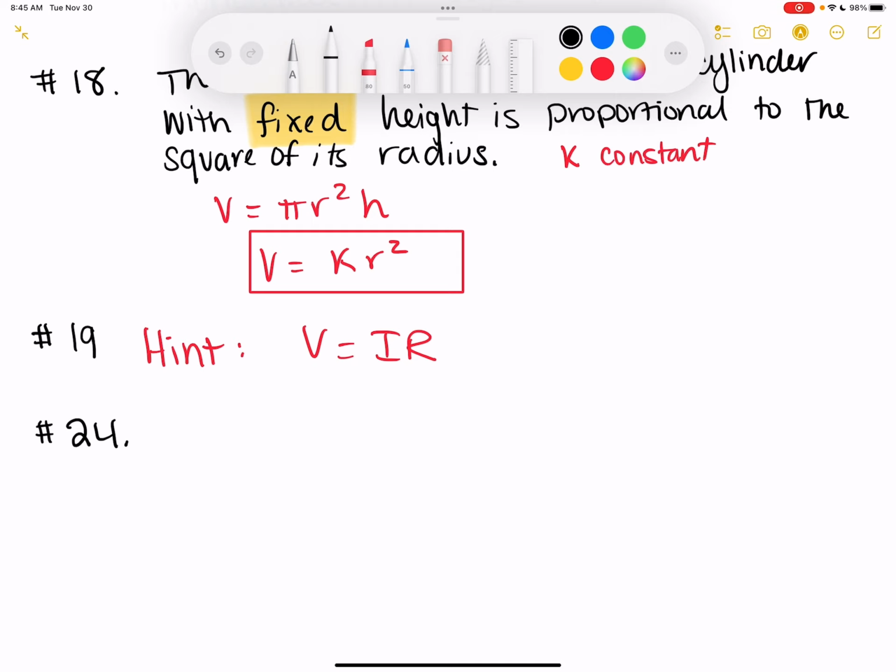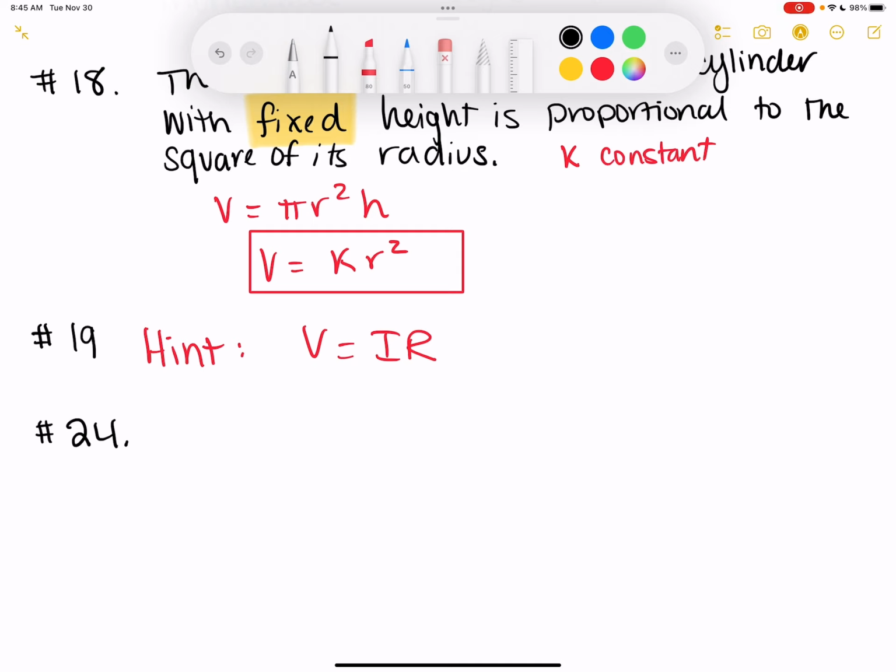All right, write a sentence that expresses the relationship in the formula using the language of variation or proportion. Dang it, why does it have to be English? It says write a sentence.